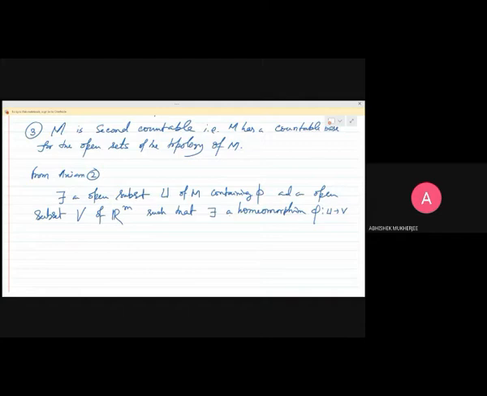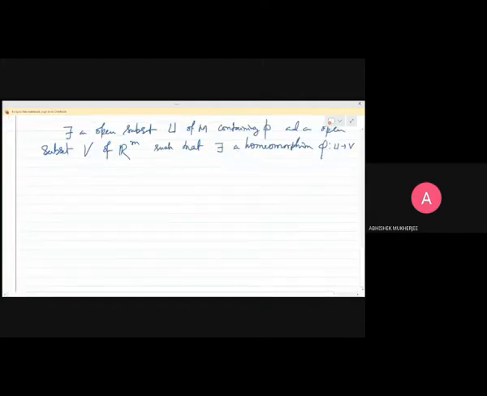And observe that this axiom is equivalent to saying that each point P has an open neighborhood U containing P that is homeomorphic to an open ball in Rm, or to the open disk Dm in Rm, or to Rm itself. Okay.